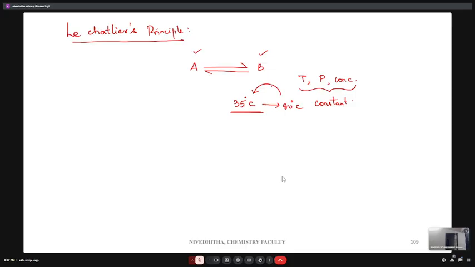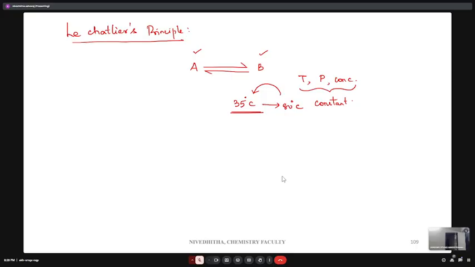So this is Le-Chatelier's principle. When the system is at equilibrium, the equilibrium temperature, pressure, concentrations will be constant. If we give any kind of disturbance to the system, then the system itself will nullify the disturbance.